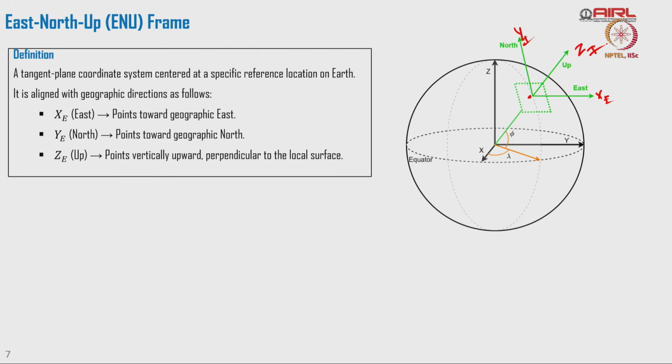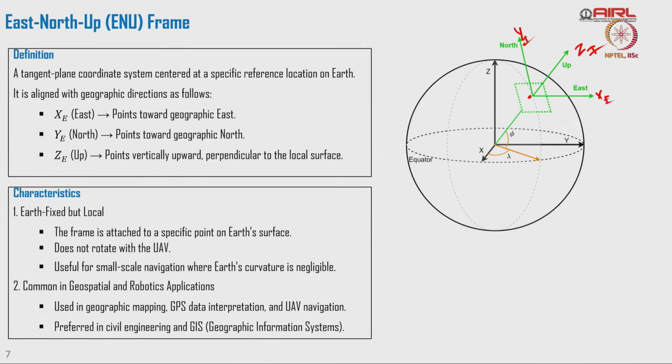Z inertial is pointing vertically upwards, perpendicular to the local surface. The surface is shown in the green color. Usually any point can be represented by latitude and longitude. The phi and lambda represent what latitude you are at, or what the longitude is, so I can position myself in that particular plane.